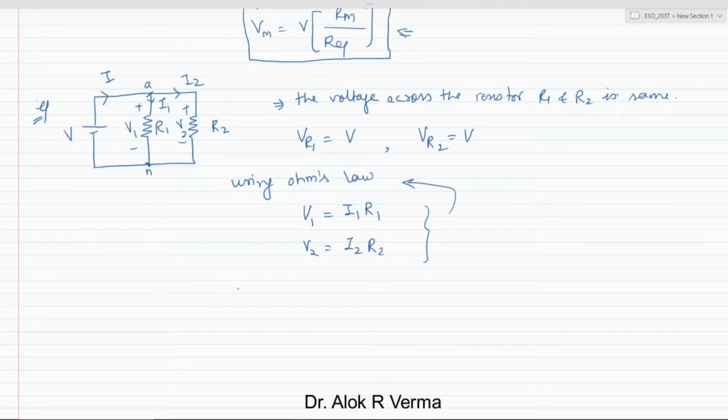Now keeping this in mind, apply KCL at node A. At node A, the incoming current is I, minus I2 is leaving the node, minus I1 is leaving the node, and the total sum will be 0. So I is nothing but I1 plus I2.